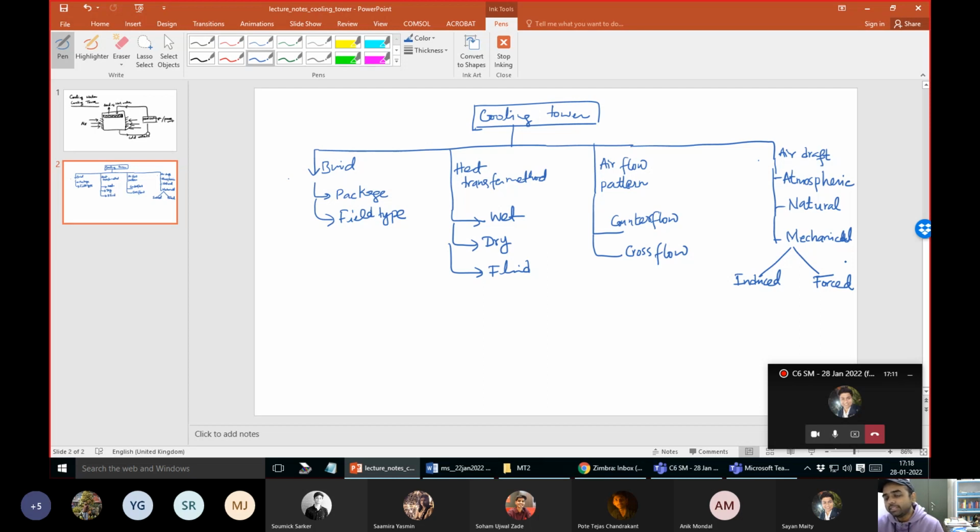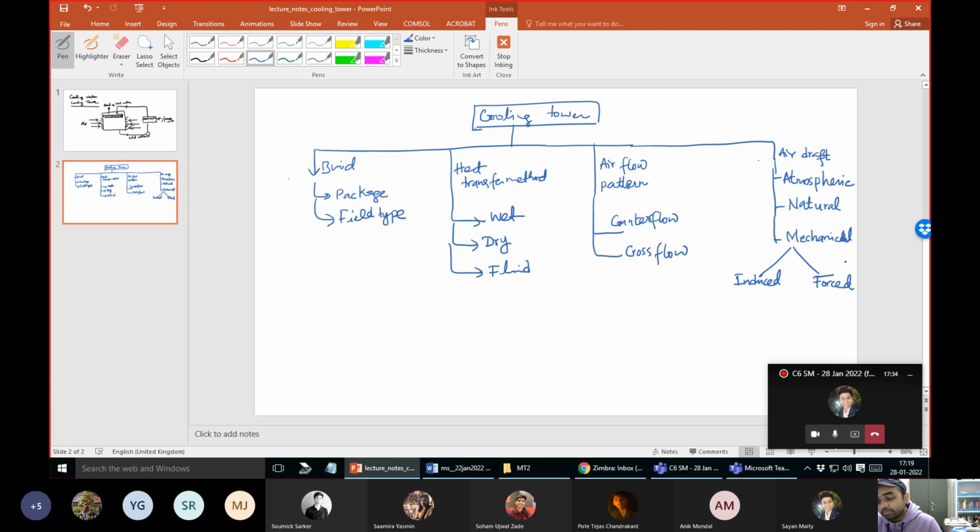You may not think why loss of water due to evaporation is so important. But when you're talking about a big industrial process, evaporation will account for around 6 to 10% of the loss of the water, and that is a significant amount.